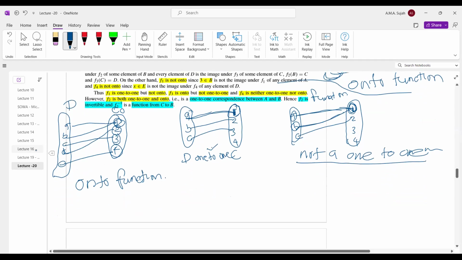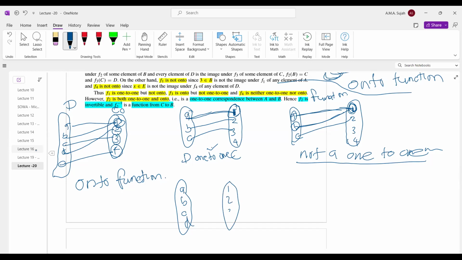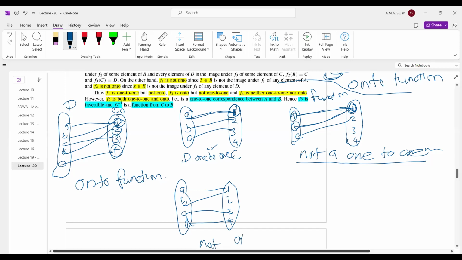So if you have it this way, this is not an onto function, right? Why is it not an onto function?